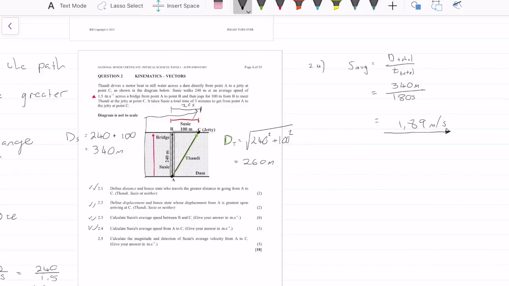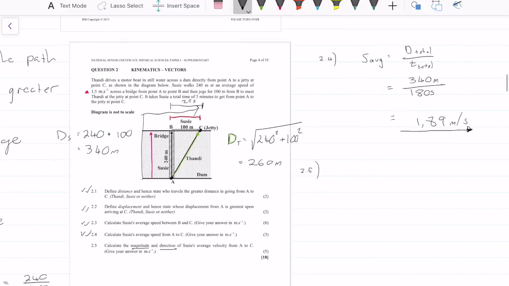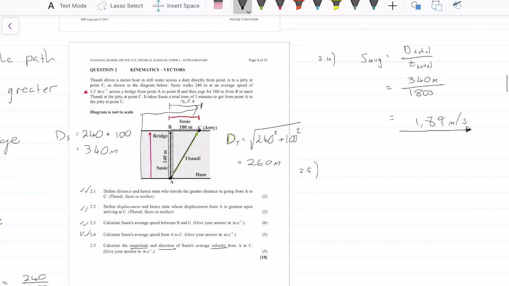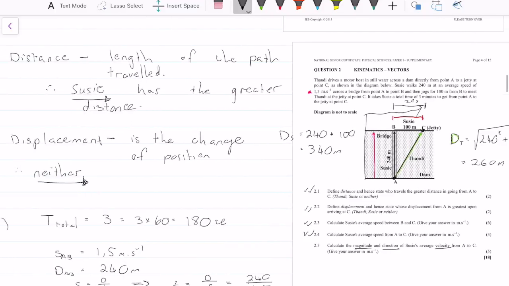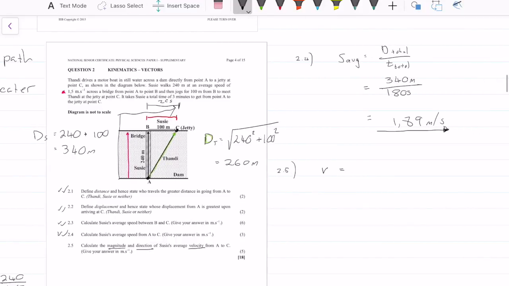Okay, last question, question 2.5. It says calculate the magnitude and direction. So it's asking for two things, magnitude and direction of Susie's average velocity. So velocity from A to C. Velocity, or v, is equal to change in position. From our definition, it is the change in position, or the displacement, over the change in time.